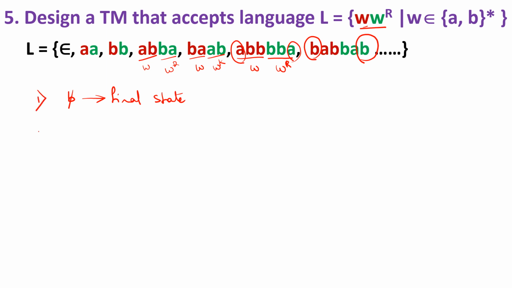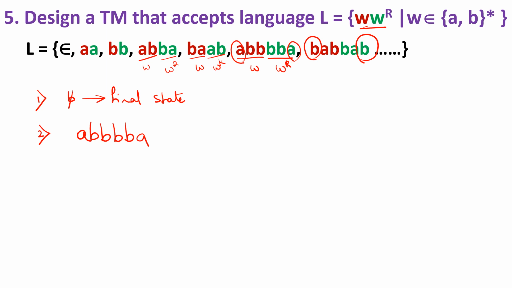The first one. Next, there are two possibilities. The string may start with A and end with A. I'll take up the same string, A, B, B, B, B, A. Starts and ends with A.